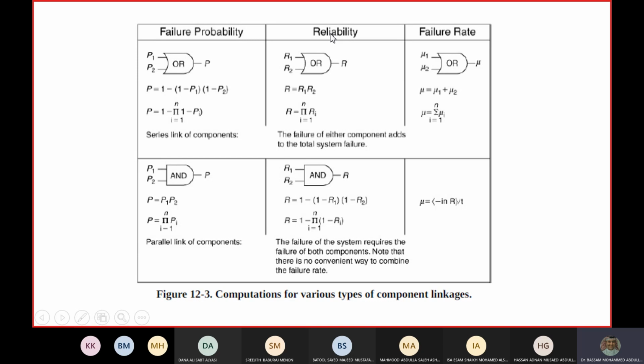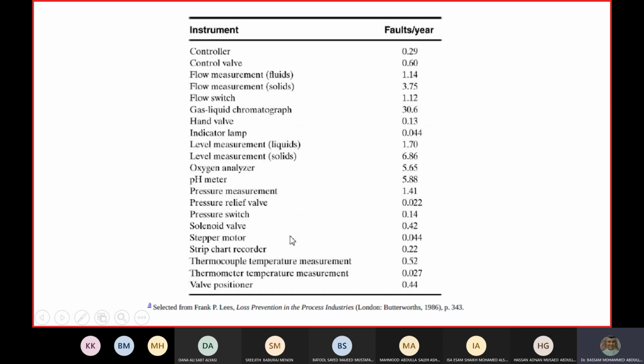If I have an AND gate, I calculate the probabilities and multiply them. If I have an OR gate, I calculate the reliabilities and multiply them. It's easier for me to memorize. But if you want to memorize these two differently, it depends on you.